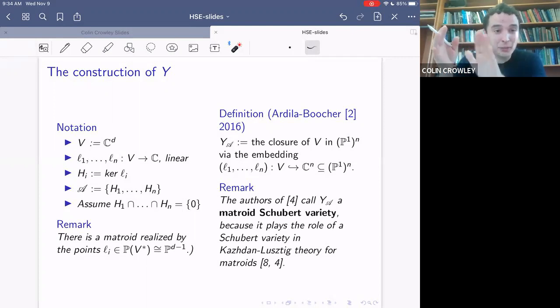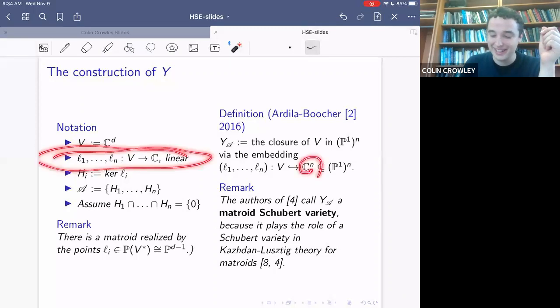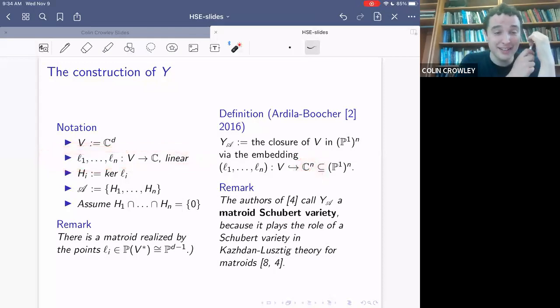It doesn't matter which vector space I take the closure of, I always see a projective space. From the perspective of matroids, this is bad because all of these independence relations live in the coordinates of this C^n. So from my perspective, something that's highly coordinate dependent is a good thing.